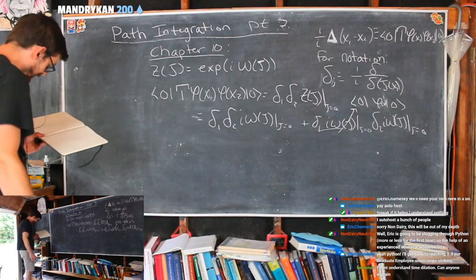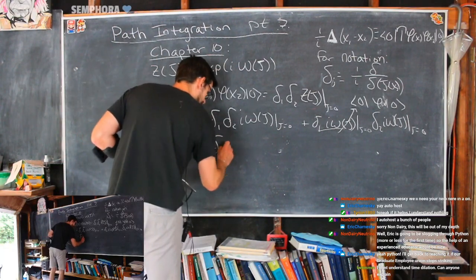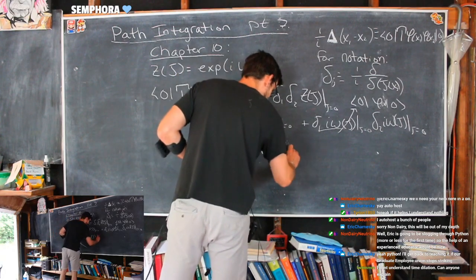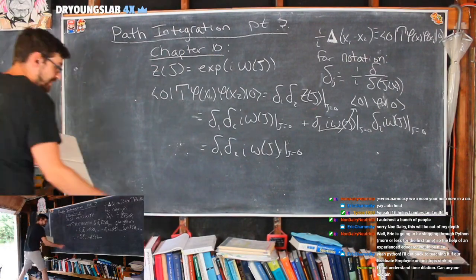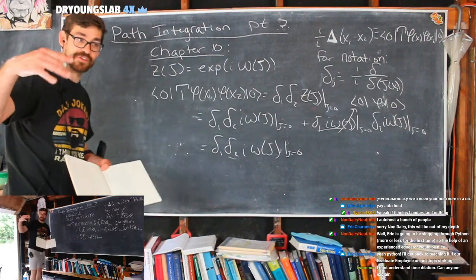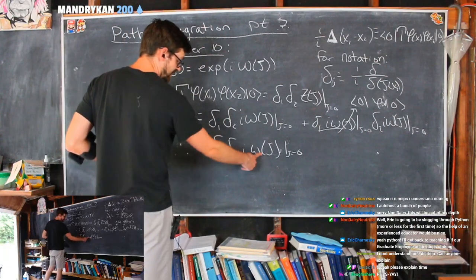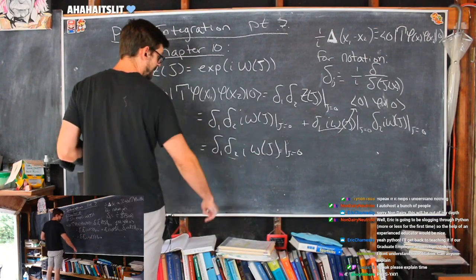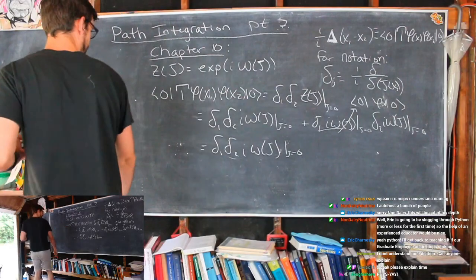And we're just left with this: functional derivative of 1, functional derivative of 2, iW of J evaluated at J equals 0. But what did I say before? I said that under these circumstances, every time we apply a functional derivative to this W, we are eliminating one of the source terms, right?